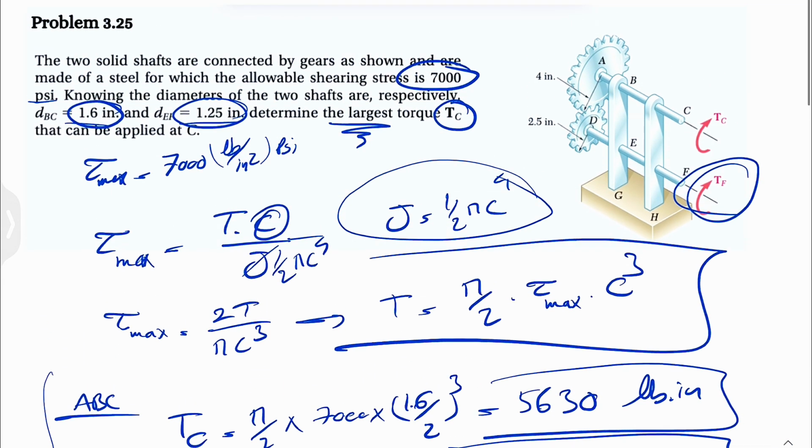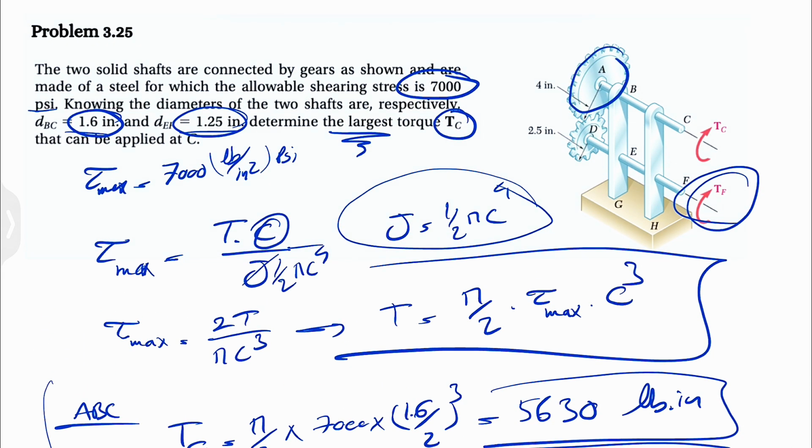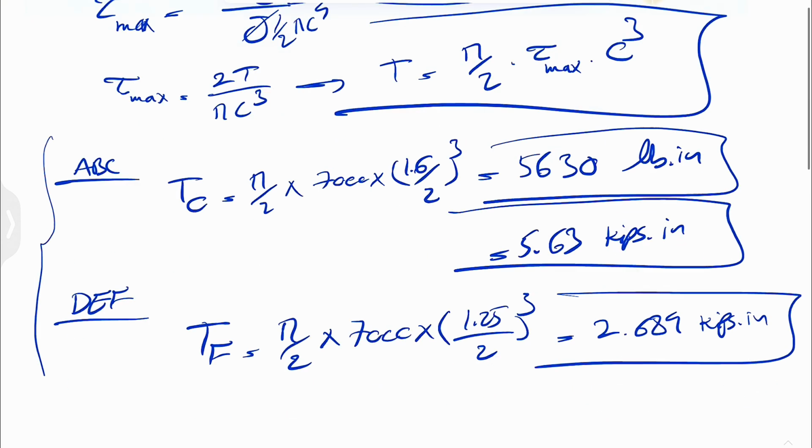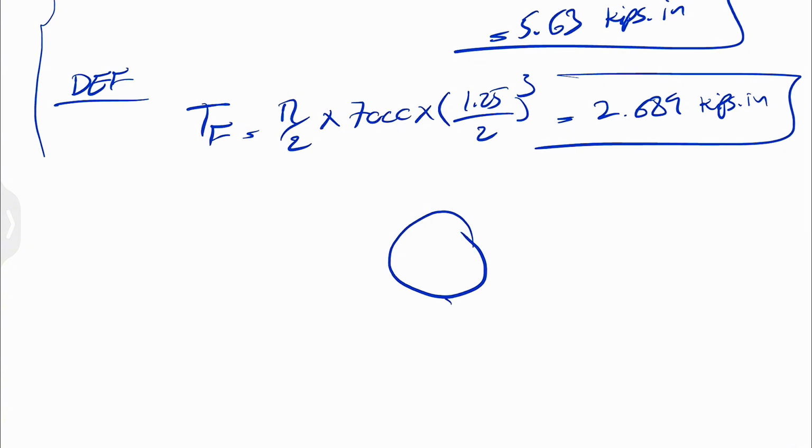But keep in mind that we have these two gears that, based on Newton's third law, are exerting the same force. So what we're going to see is these two gears that have the same force, which we can call F, and they're going to make torque about this center.